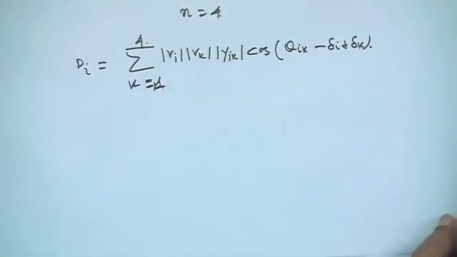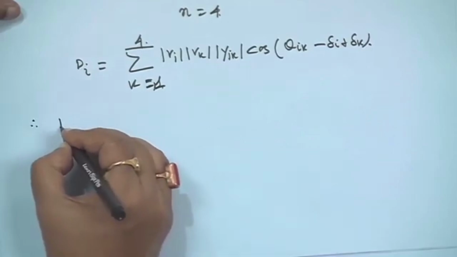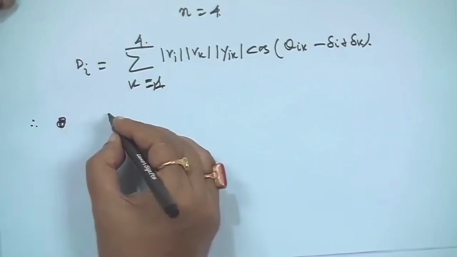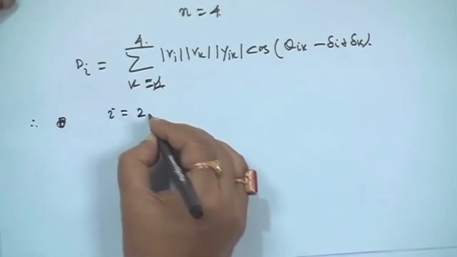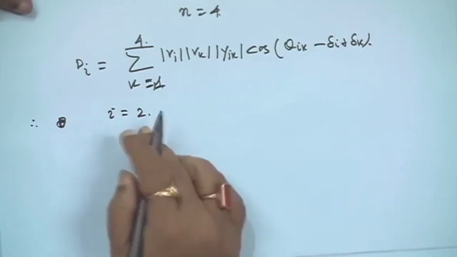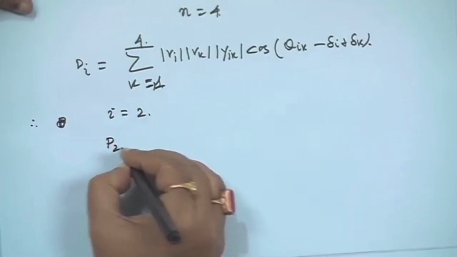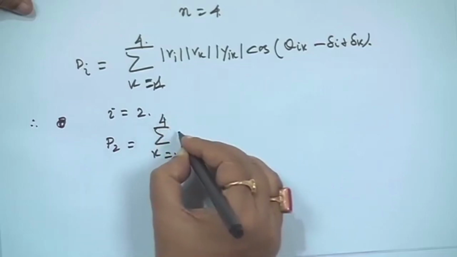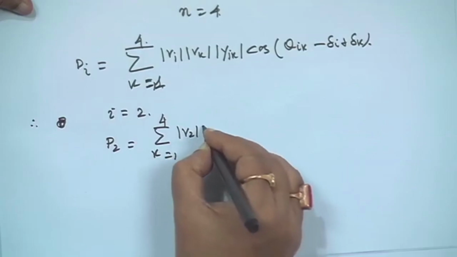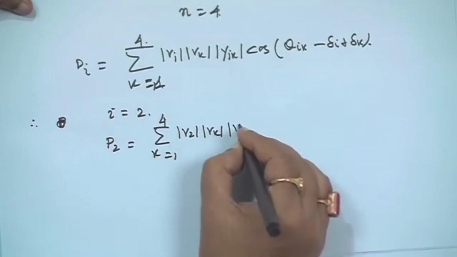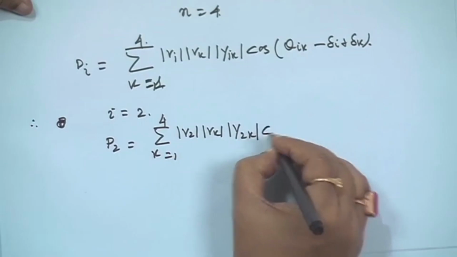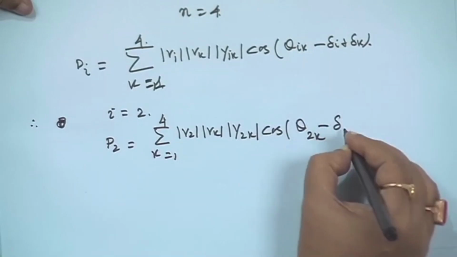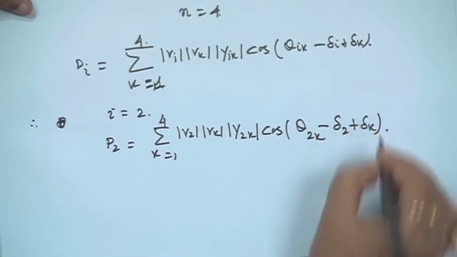Now, you expand, right. Now you have to expand for, say, i is equal to 2, because bus 1 is the slack bus. That means my P2 is equal to the sum over k is equal to 1 to 4 of V2, Vk, Y2k, cosine of theta 2k minus delta 2 plus delta k, right.